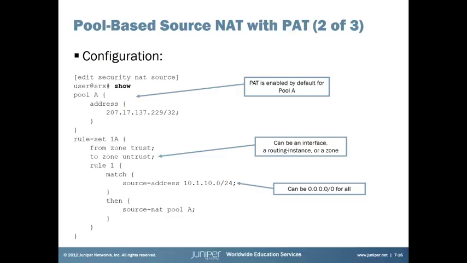We are NATing from a zone this time to a zone, matching a source address with a particular parameter, the 10.1.10.0/24 network, and then we're going to source NAT that. So as I said, you can map everything.